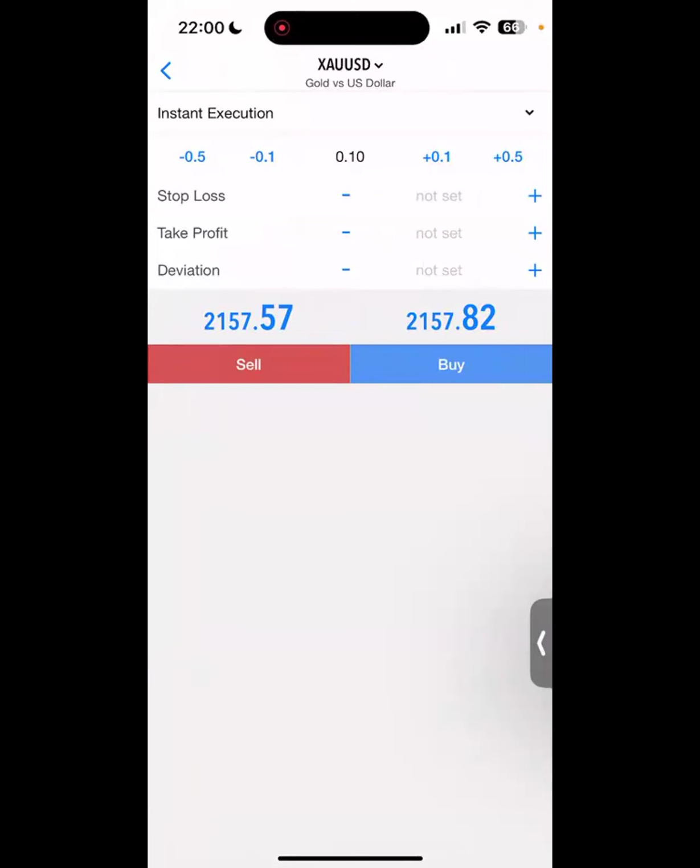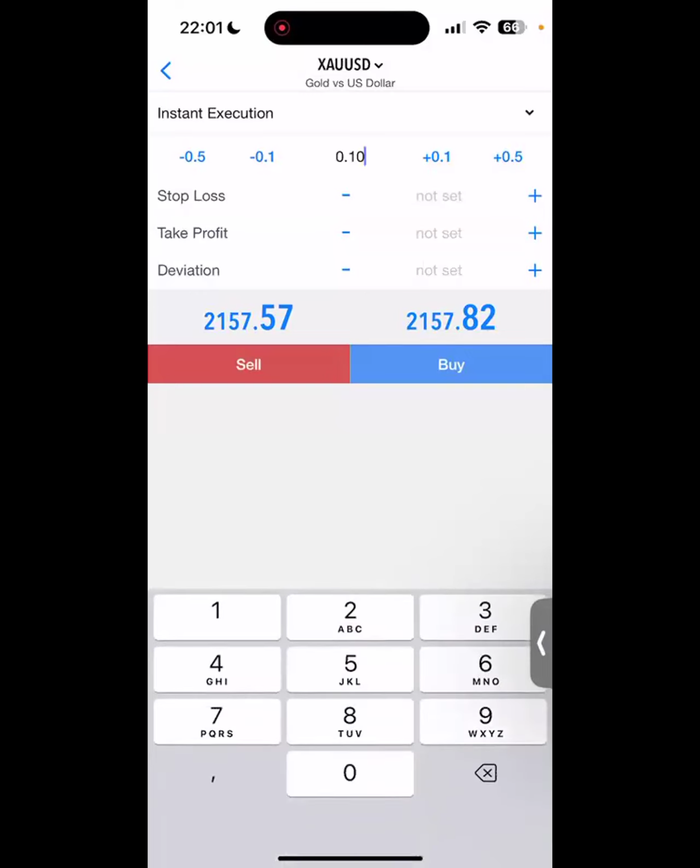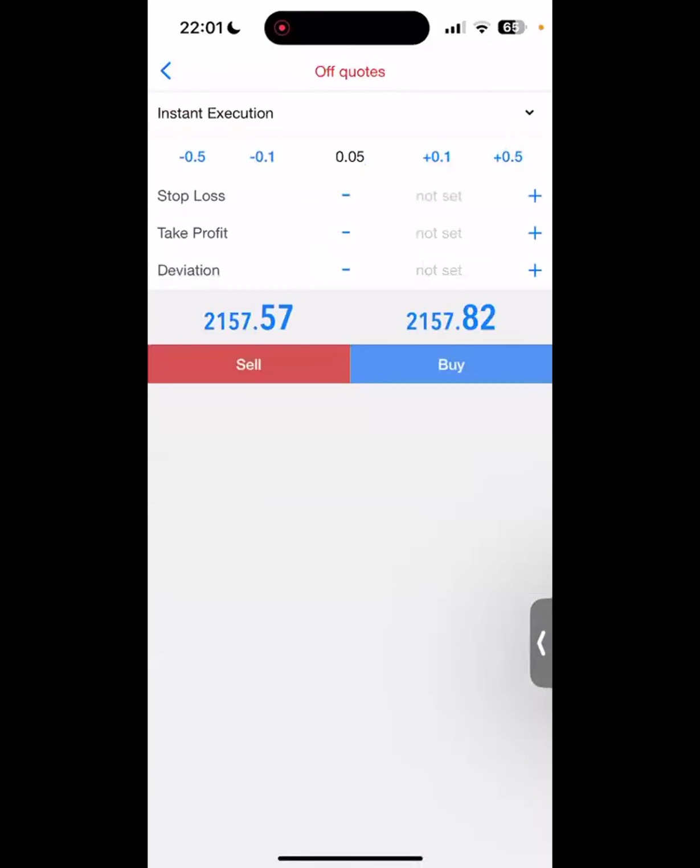So when you come here, like I highlighted, that trade has gone, but I want to show you how to take trades like that. So it's instant execution, like I said earlier. Change your lot size to 0.05.